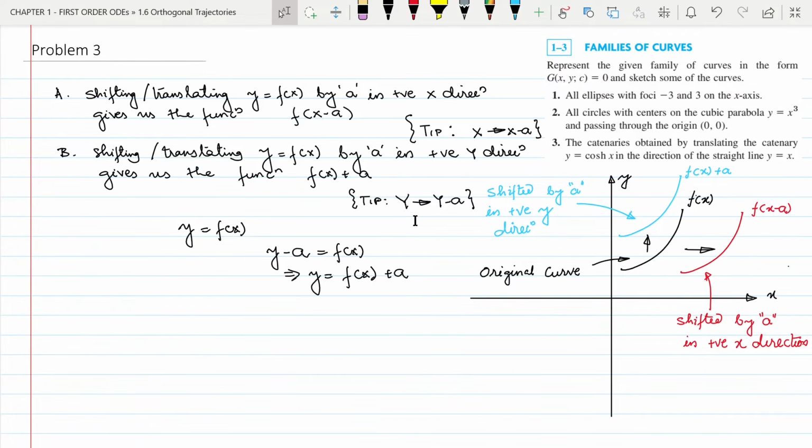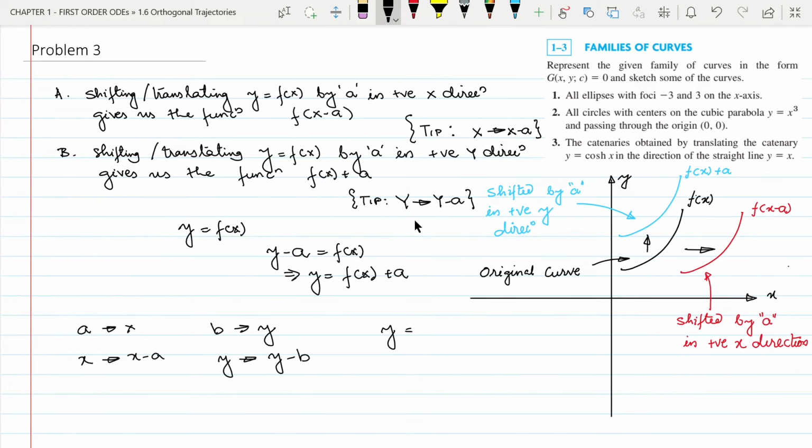What if we translate in both x and y direction? Let us say we translate a function a amount in the x direction and b amount in the y direction. Then we will replace x with x minus a because we are shifting it a amount in the x direction, and y with y minus b because we are shifting it in the y direction.